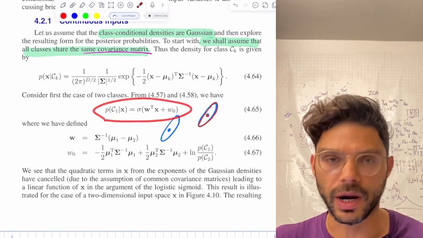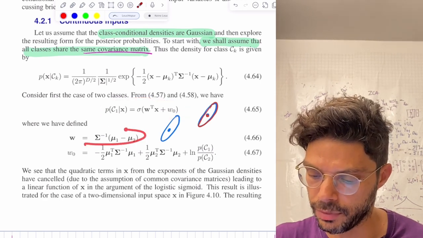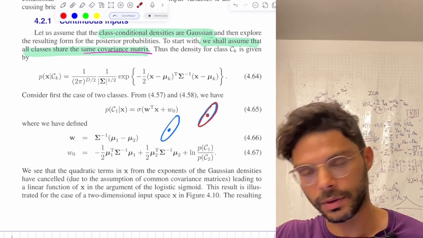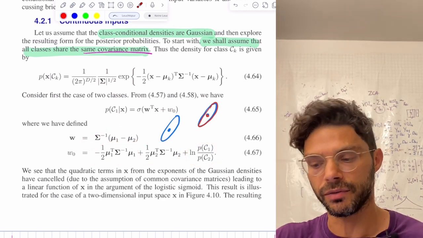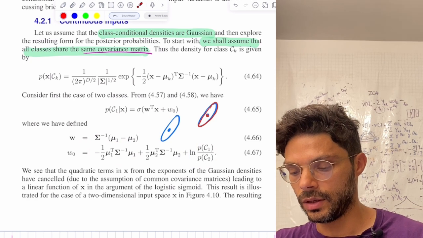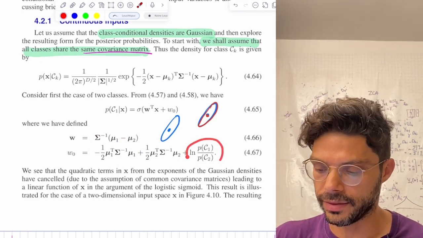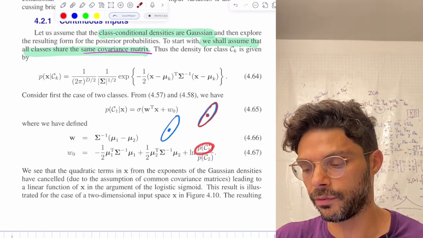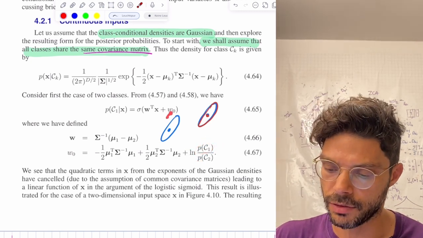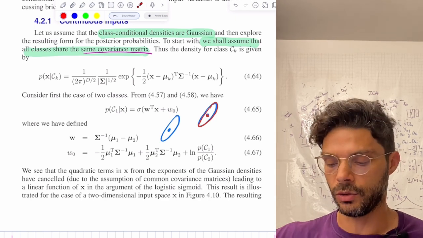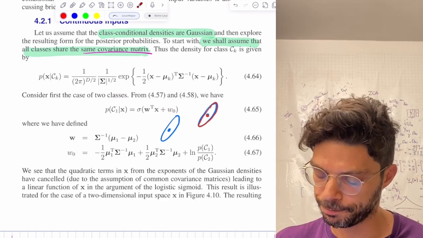We derived exactly this expression where we have defined W. This is exactly what we had, and then we've got the two contributions of the means and the relative proportion of the priors. And it's cool that, as you would expect, if the prior for one of them goes up, then this bias term increases, and it makes more of the space equal to class 1, as you would expect.